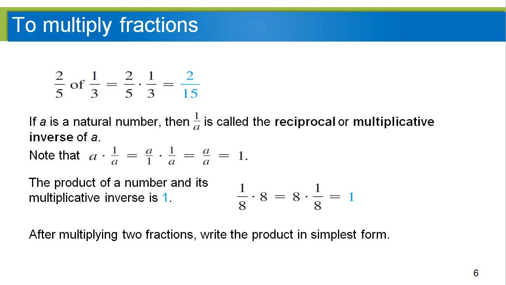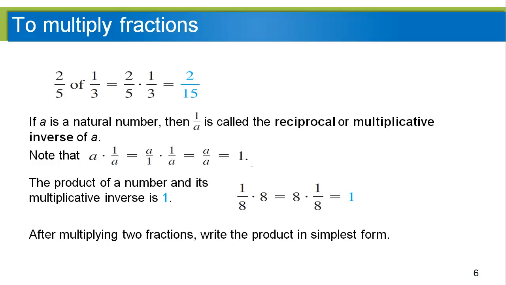So a times 1/a gives us a/1 times 1/a, because we have to remember that any whole number can be written as a fraction over 1. And we multiply fractions by multiplying tops and multiplying bottoms. And we get a/a, which, of course, reduces to 1.